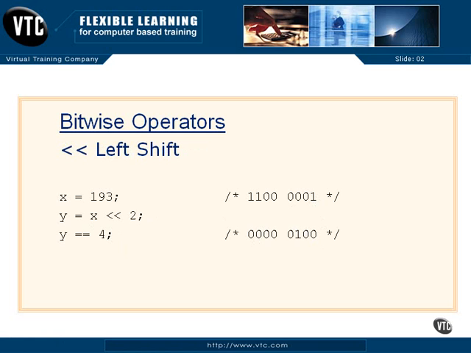Here's our bitwise operator's left shift, and what this does is cause our value to be shifted to the left, as far as the bits go in the binary format, a number of bits to the left. So here we have our X is 193. There's our value, and our new value will be equal to X left shifted by 2 bits.